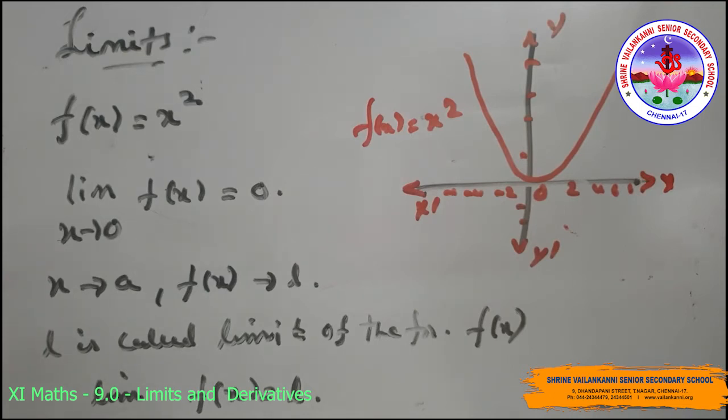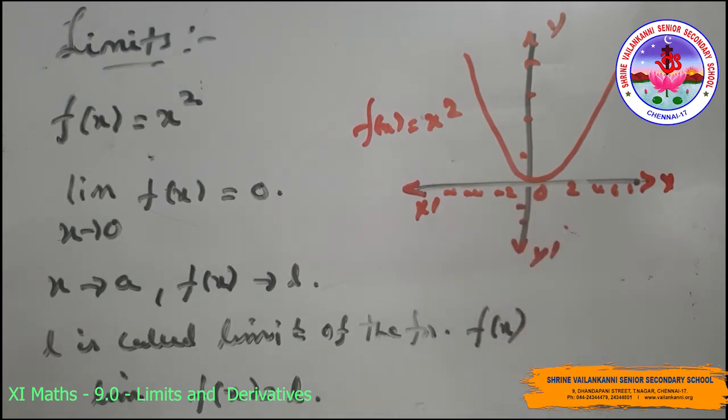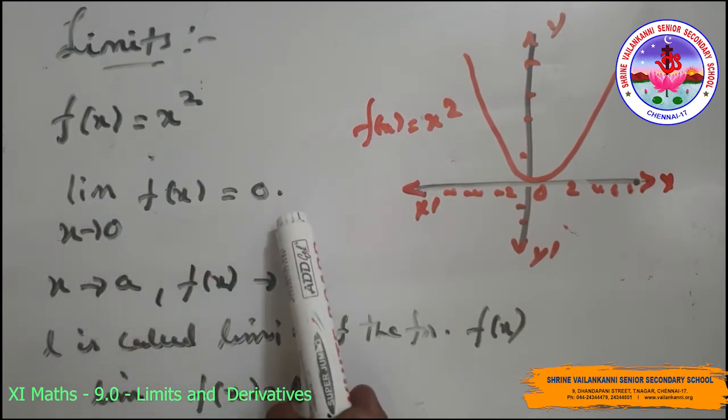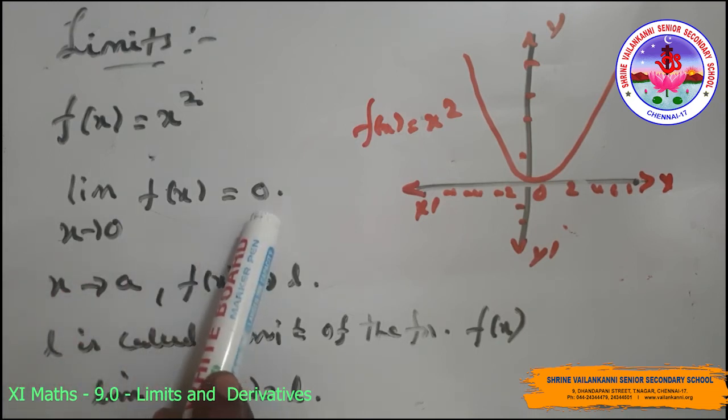As x takes values very close to 0, f of x also moves towards 0. So we write limit x tends to 0, f of x, is equal to 0. We can read this as the limit of f of x as x tends to 0 equals 0.